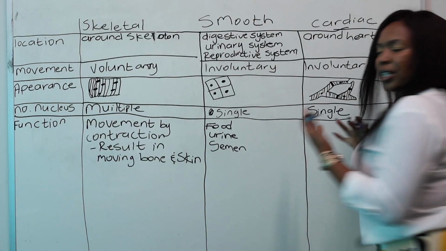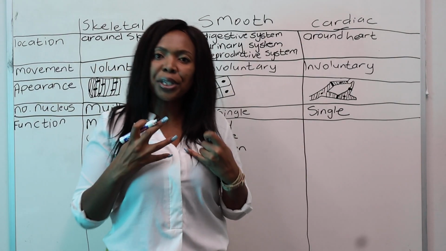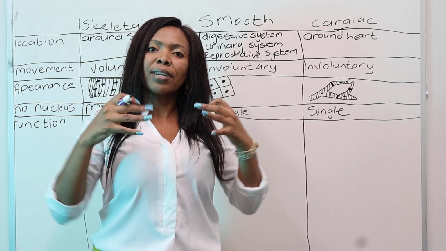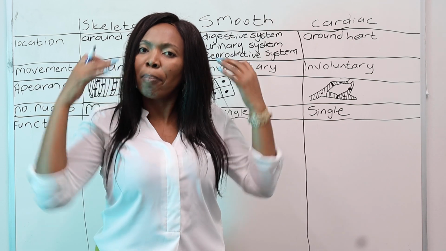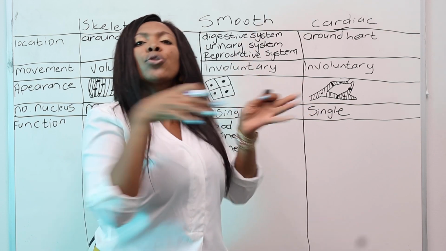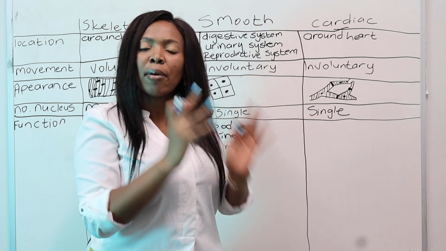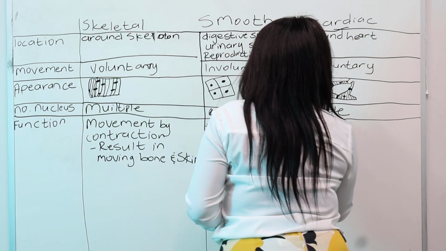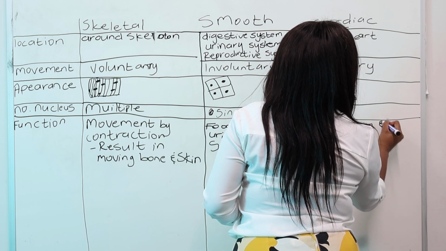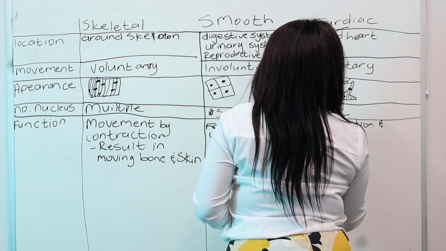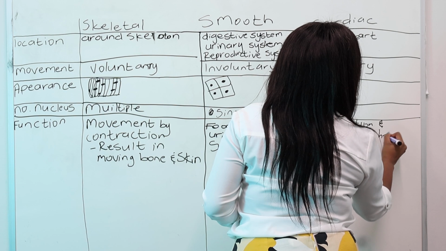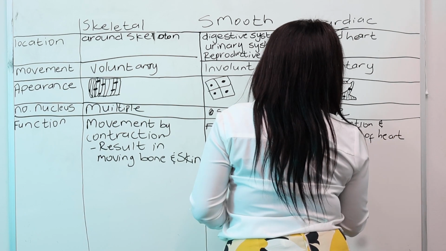And then the cardiac muscle is found in the heart. It contracts and relaxes. By so doing, it facilitates the pumping of blood from the heart to the body through the arteries, which are the main blood vessels. So it's for contraction and relaxation of the heart.